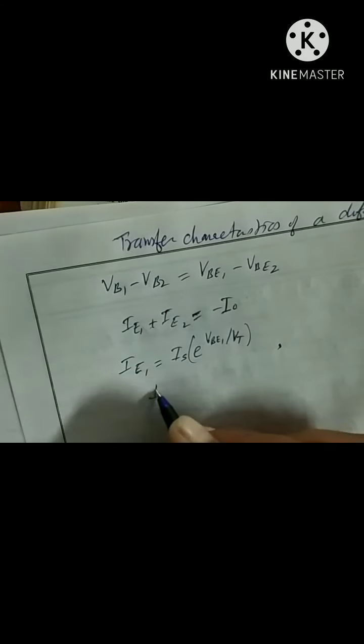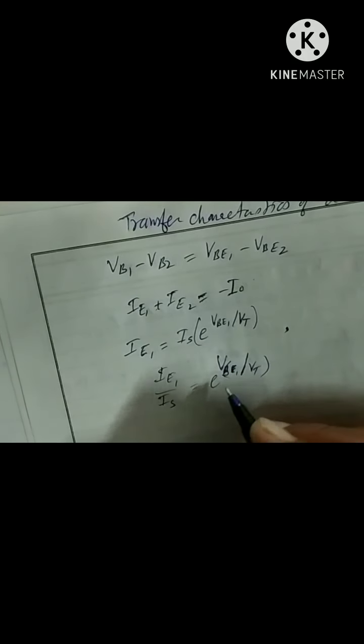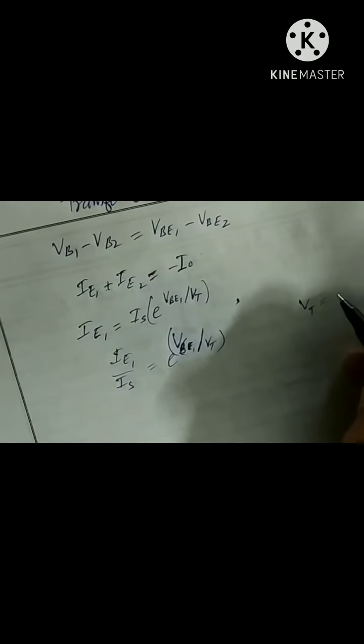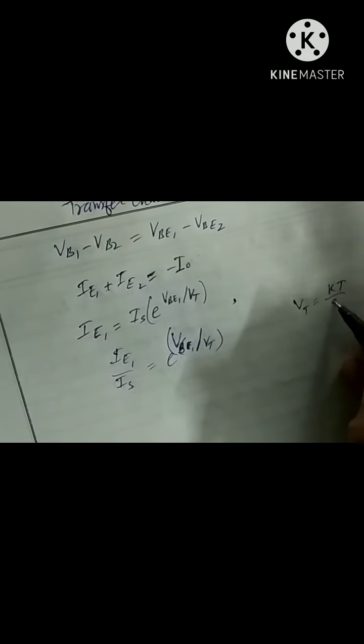Now from this we can write VBE1 by VT. This VT is, as you know, the thermal voltage given by KT by Q.